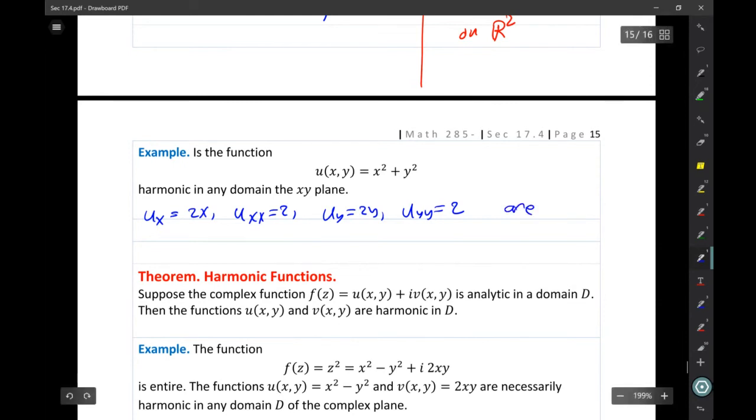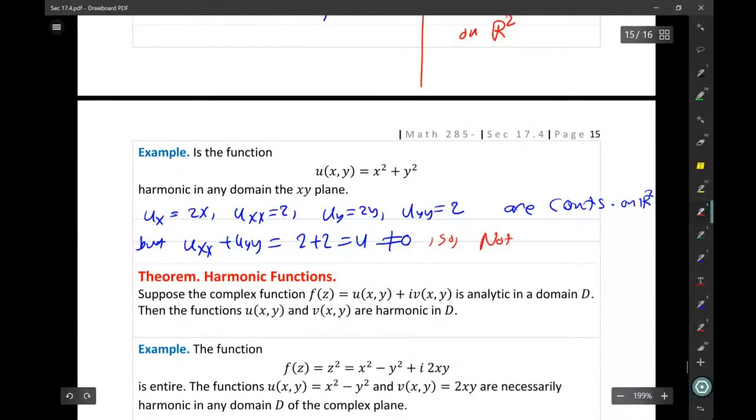Those are continuous on R square, but u sub xx plus u sub yy is equal to 1 plus 1, which is 2, which is not equal to 0. So it is not harmonic in any domain in R square.